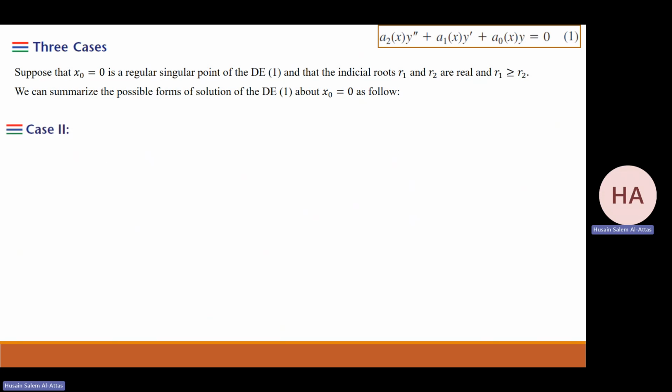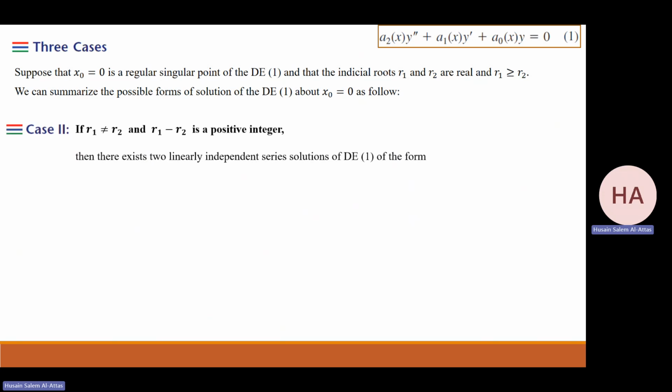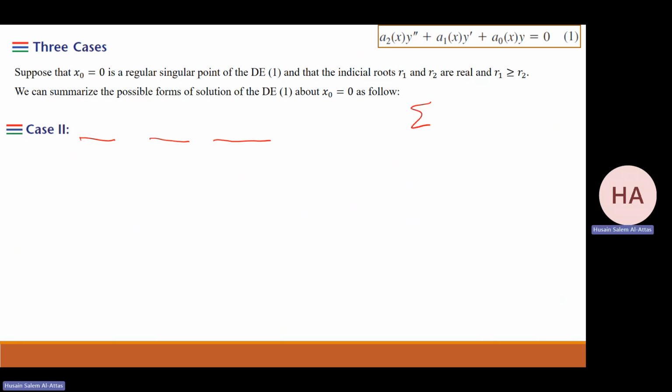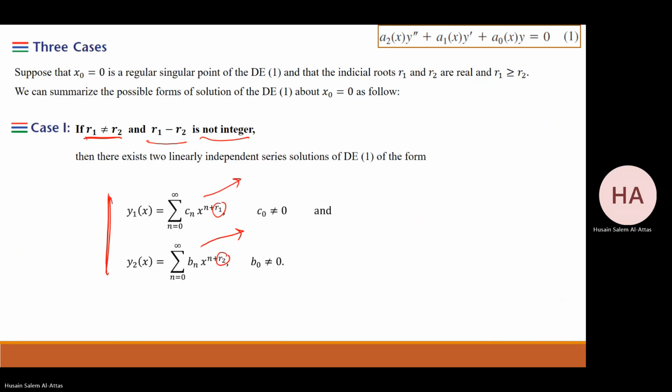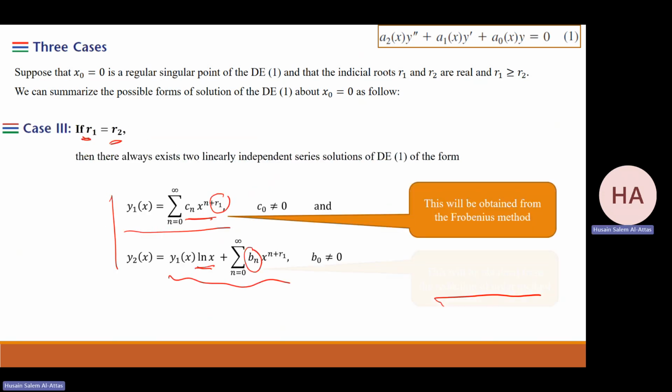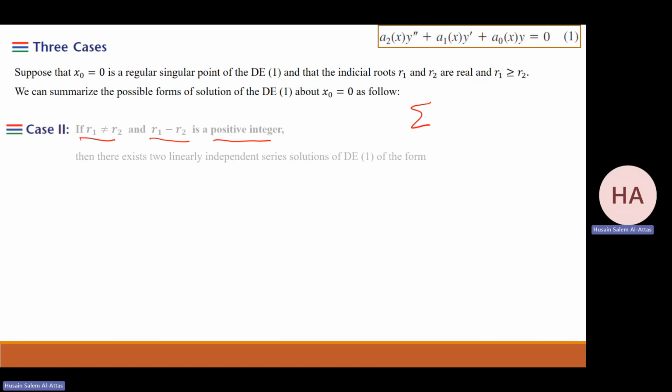Now let me go to case 2. If R1 is not equal to R2, but the difference between these 2 R's is a positive integer, I'm supposed to get 2 answers, like in case 1. But there is one problem I should notice. Assume I get Cn x to the power n plus r1 and Cn x to the power n plus r2.